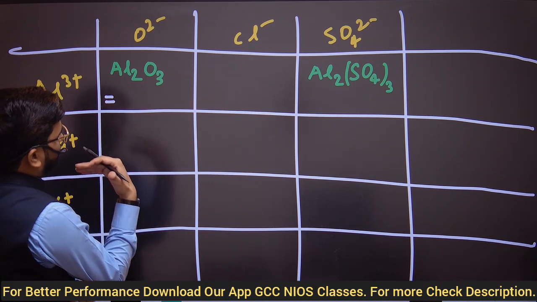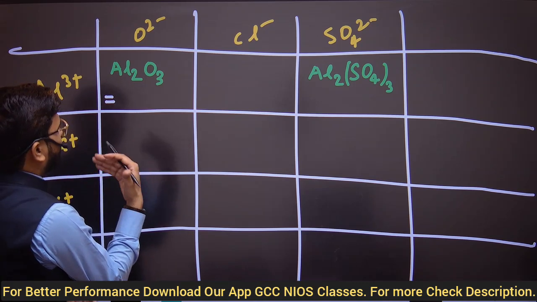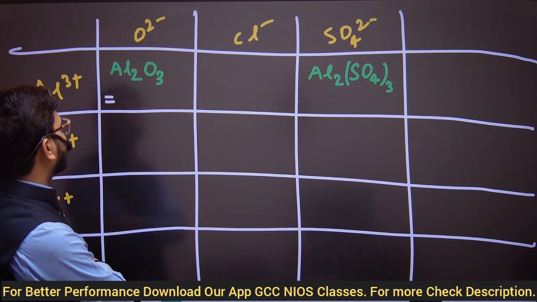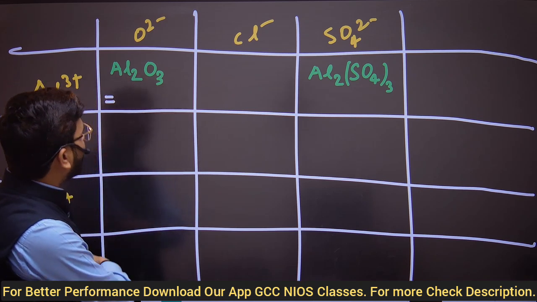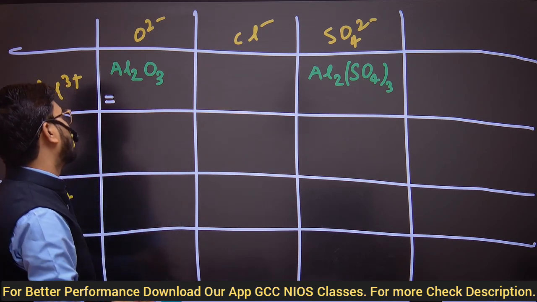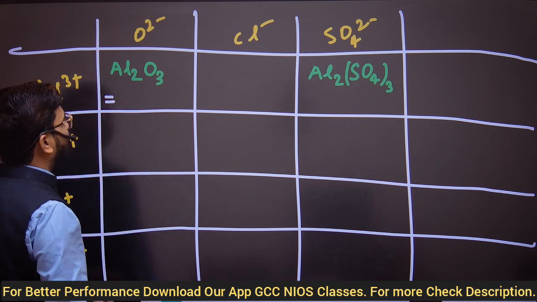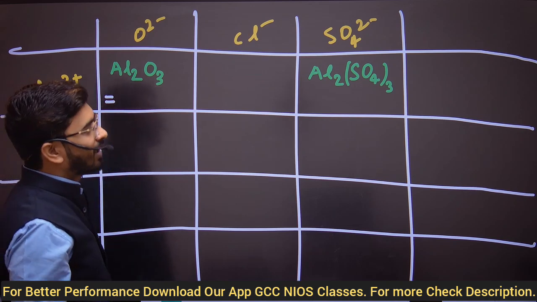So you can add, multiply, whatever you require, you know very well. For aluminum, the mass of a single atom is 27 gram, and for oxygen, the mass of a single atom is 16 gram. So multiply 27 into 2 and multiply 16 into 3 and add.